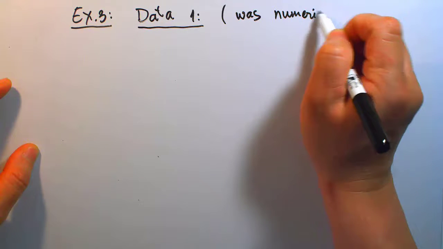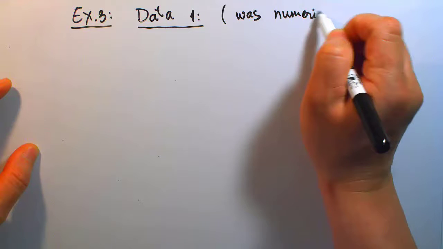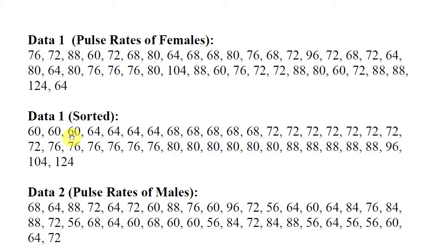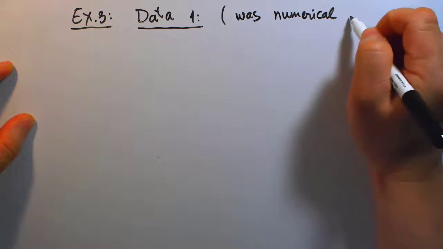We worked with them, we were able to add the values, we were able to arrange the values in order, and that's the whole reason why we have data 1 being given in 2 different versions here. There's data 1, the unsorted, unorganized version, and there's data 1 being the sorted, organized version. So data 1 was thought to be numerical data, and it was.